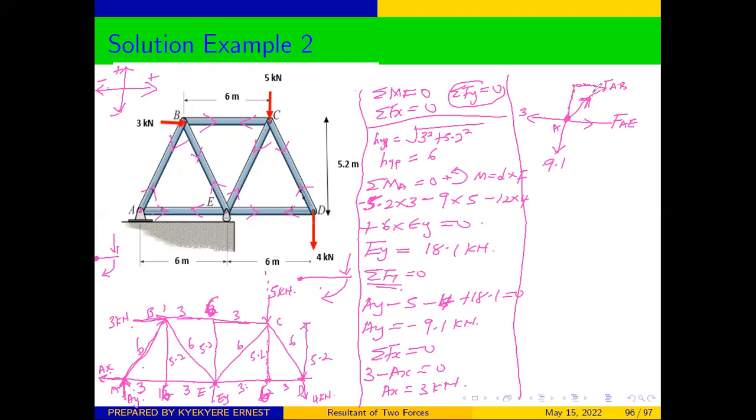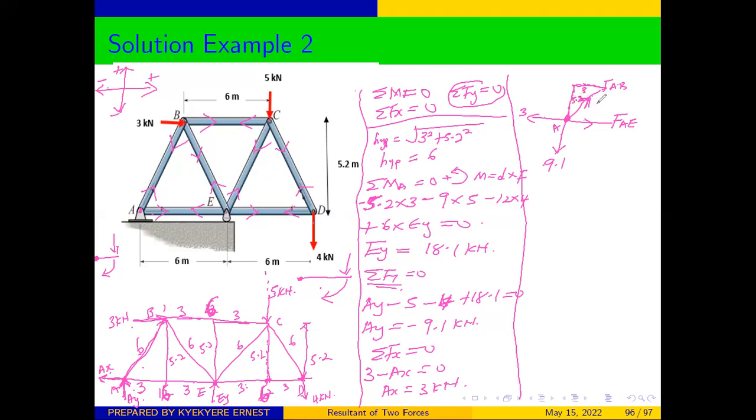Don't forget that when you are moving from A to B, the horizontal distance is 3 and the vertical distance is 5.2.